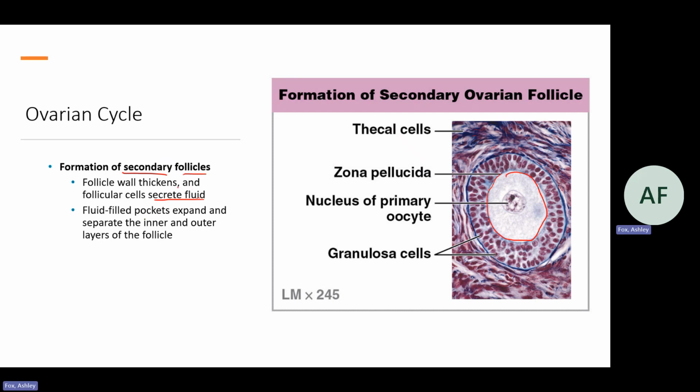The follicular cells surrounding the oocyte start producing fluid that makes pockets and separates layers of the follicle. So we're going to separate layers of cells into different ones, and we'll see what happens next.